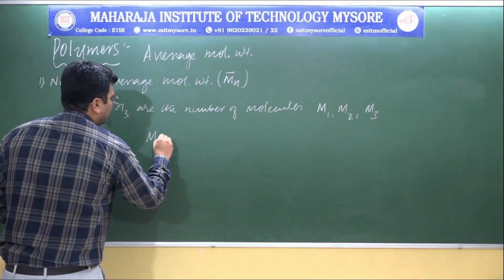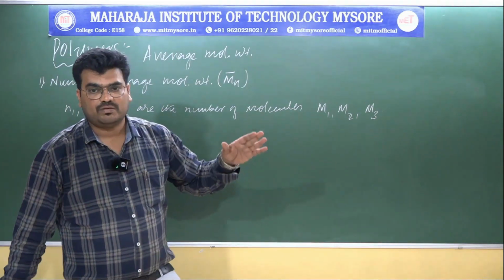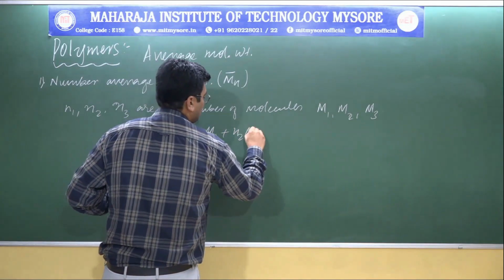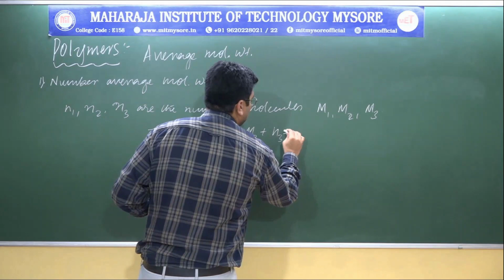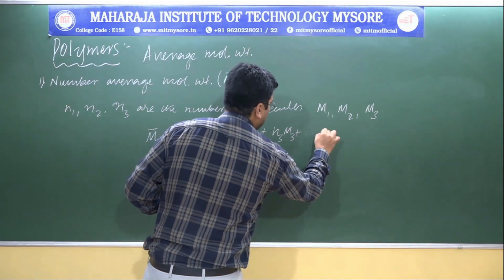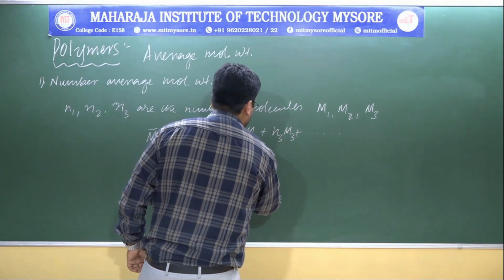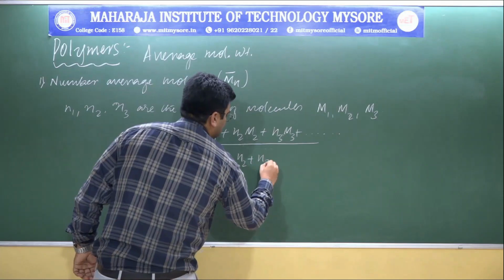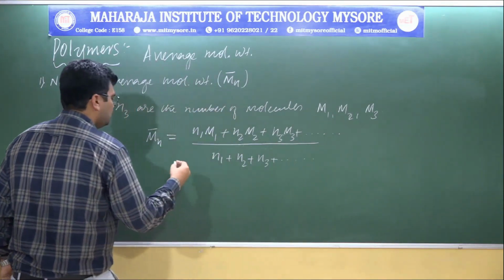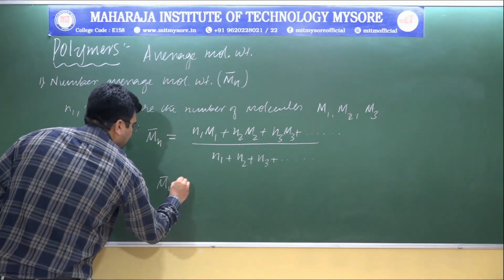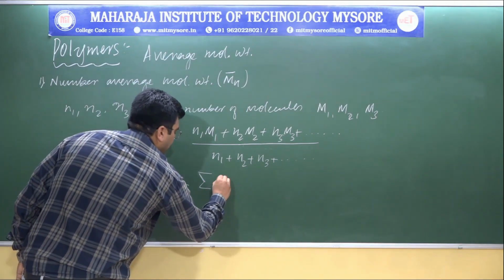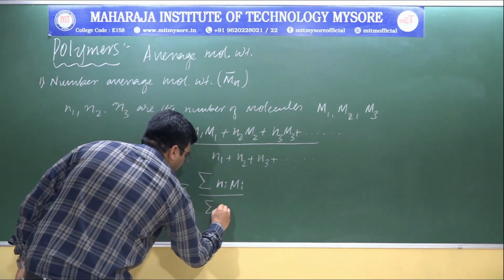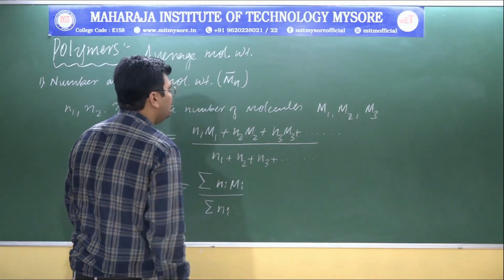Mn bar is equal to n1 m1 plus n2 m2 plus n3 m3 plus so on, divided by n1 plus n2 plus n3 plus so on. So in other words, we can write this as Mn bar is equal to the summation of ni mi divided by the summation of ni, right?